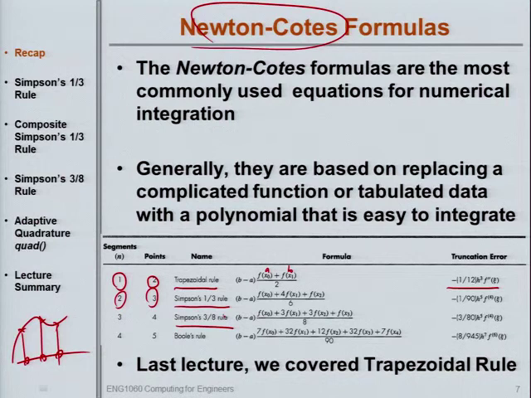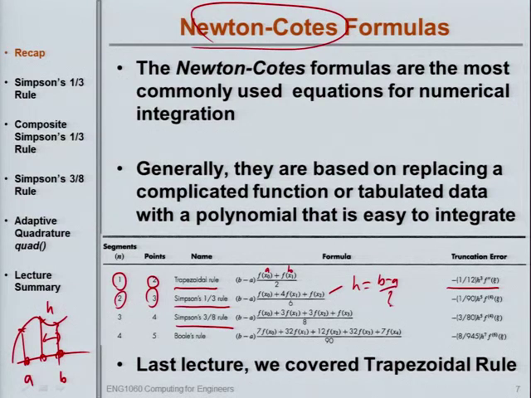The formula is, if that's b and that's a, b minus a multiplied by 1/6 of the function value at the left plus the function value at the right plus 4 times the function value in the middle. We're defining the step size as h between the 2 points, so for Simpson's rule, h is equal to b minus a over 2.